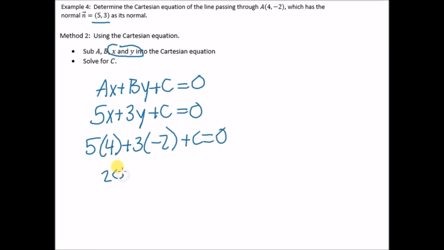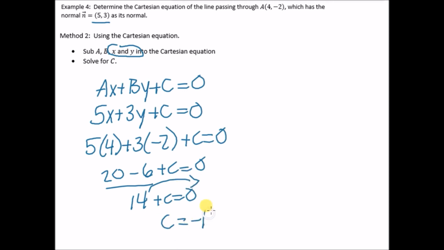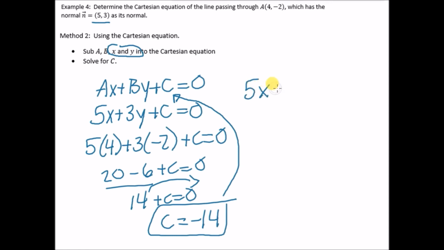Okay, so I get 20 minus 6 plus C equals 0. So 20 minus 6, I get 14 plus C equals 0. Bring that over, C equals negative 14. So we can plug this negative 14 back into the C, and we get 5x plus 3y minus 14 equals 0. That is the Cartesian equation of the line that passes through (4, -2) and has this normal.